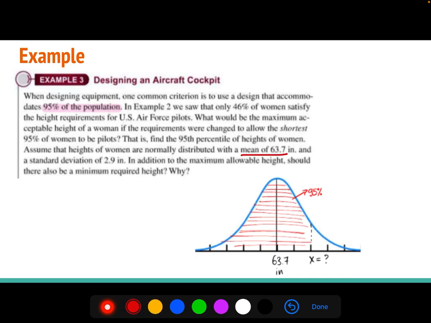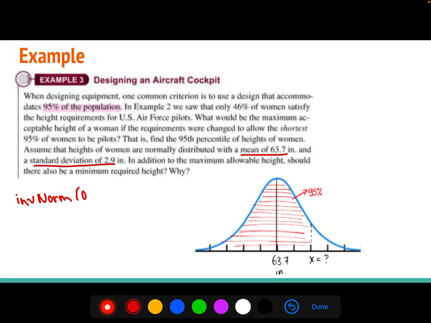So what we're doing is we're assuming the heights of women are normally distributed with a mean of 63.7, a standard deviation of 2.9. So we need to know the maximum allowable height, and should we have a minimum requirable height. Okay, so according to this, we want 95%, and we're looking for that height.